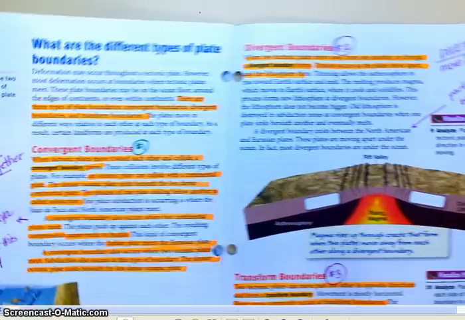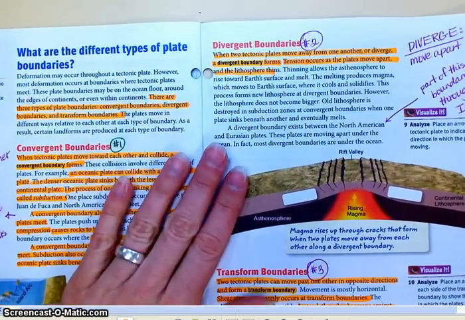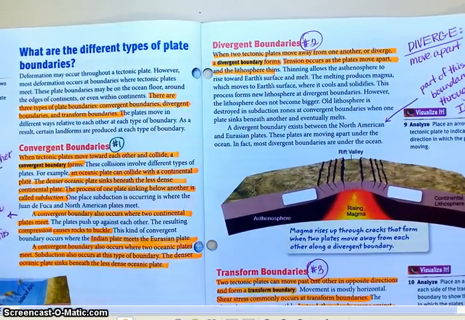All right, boundary type number two is something called divergent boundaries. When two tectonic plates move away from one another, or diverge, a divergent boundary forms. Tension occurs as the plates move apart and the lithosphere thins. Thinning allows the asthenosphere to rise towards Earth's surface and melt.